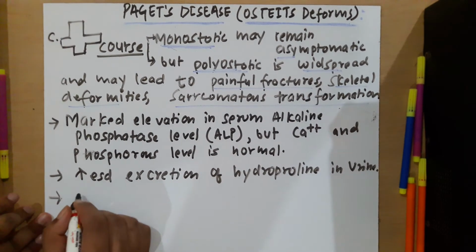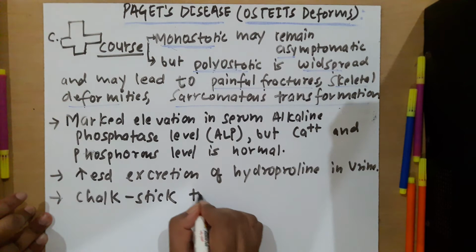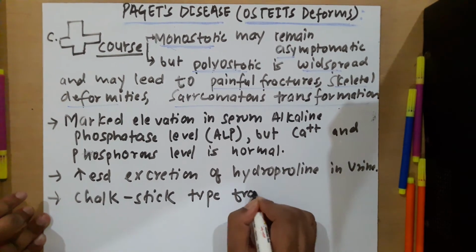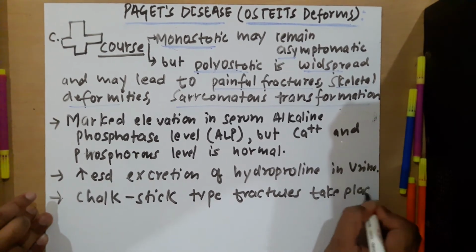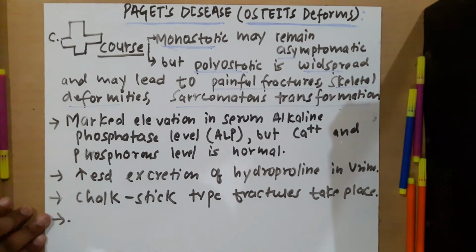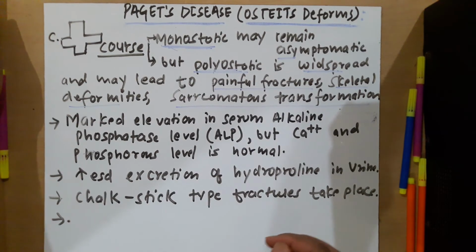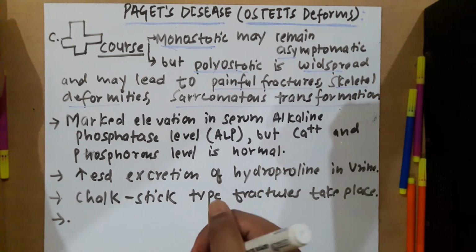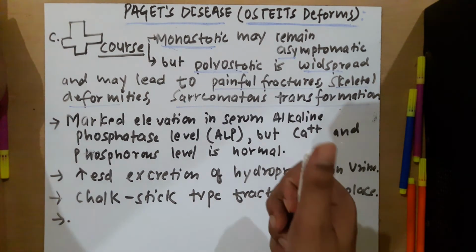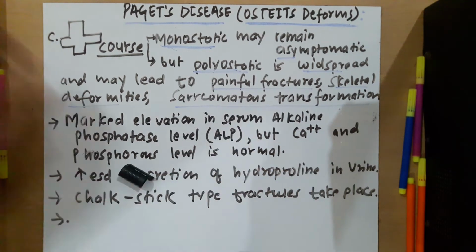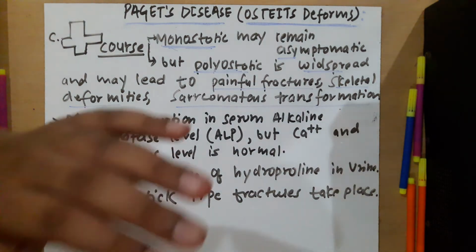And chalkstick type fractures take place. Fractures of the spine, compression fractures, may lead to spinal cord injury or kyphosis. You know kyphosis, we discussed it while discussing osteoporosis also: bending of the spine back to front.